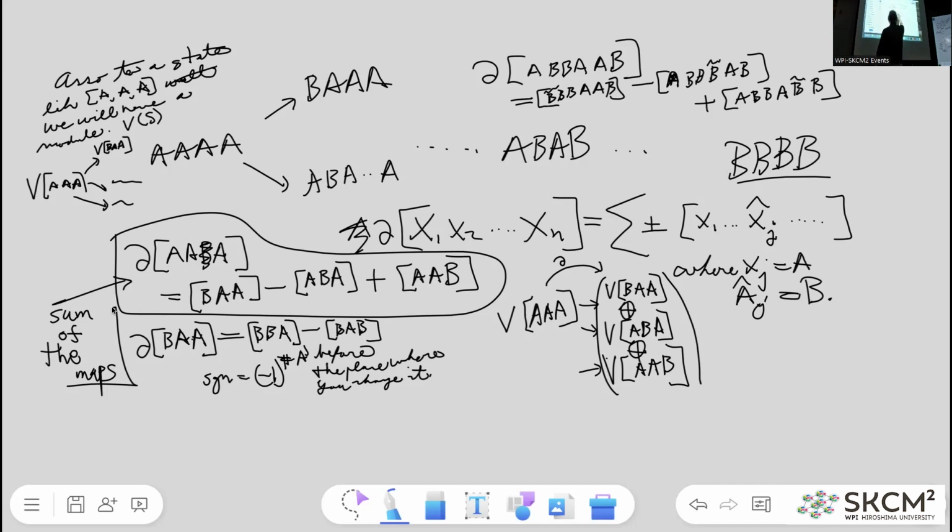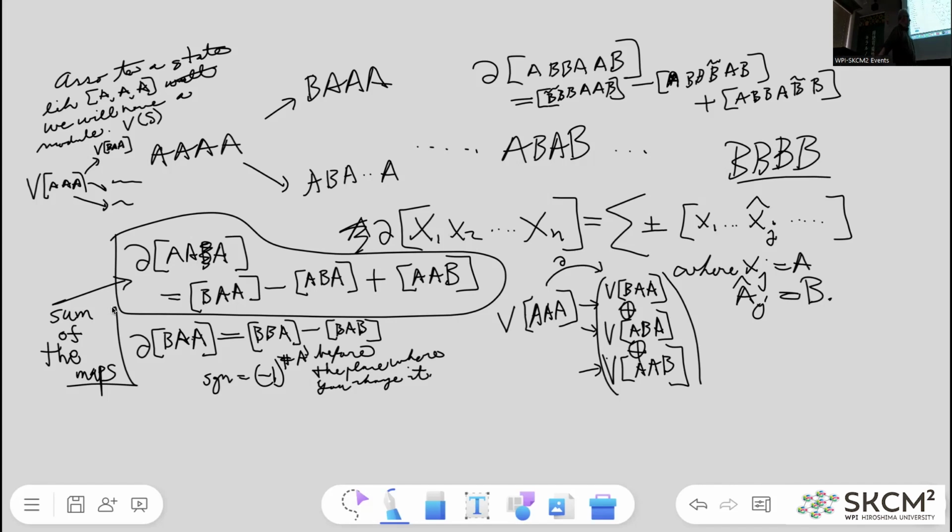And then over here, there are more maps to go from this direct sum to that direct sum. And you add these maps up according to the signs. And then you find that if you took this composition and did this composition, you'd get zero. So you would have a chain complex. You would have something whose homology you could compute.